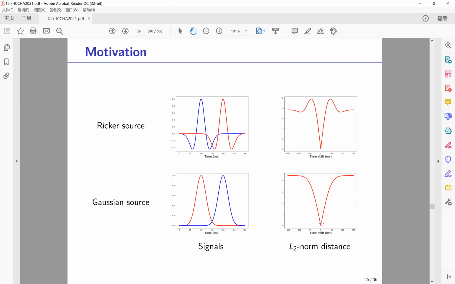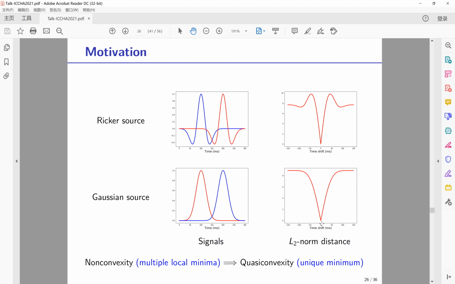This means that when we use a recurrent source, we can transform the energy landscape from non-convexity to quasi-convexity. In general, we don't know the exact working mechanism, but we hope this idea gives a better solution or a better conditioned problem.